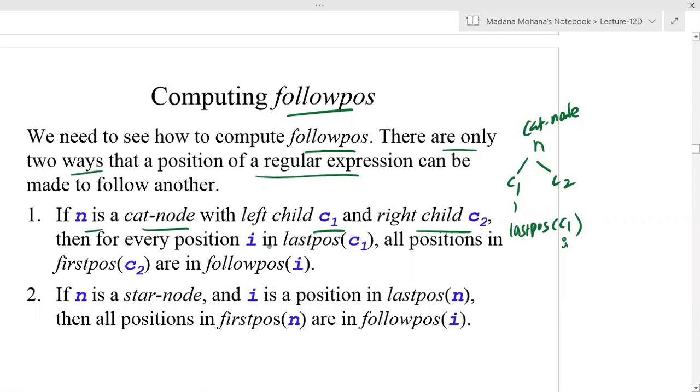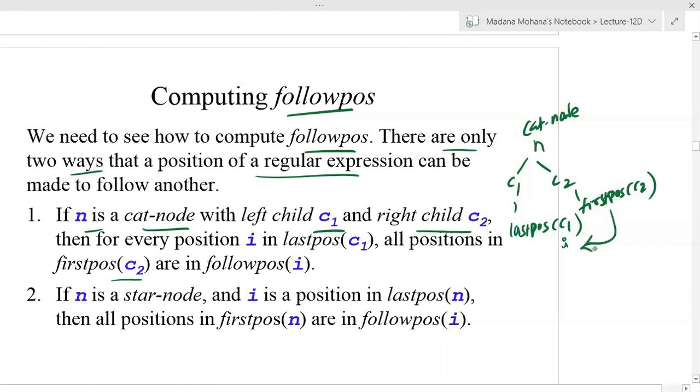So for every position I in the last position of C1, all positions in the first position of C2 are in the follow position of I. That is, follow position of I equals first position of C2, whatever the values.